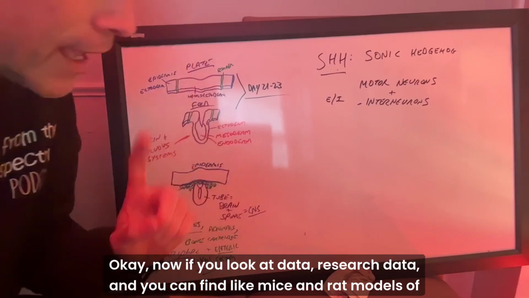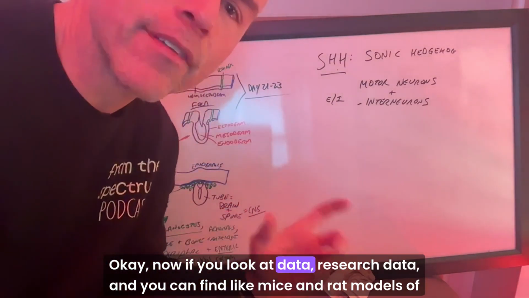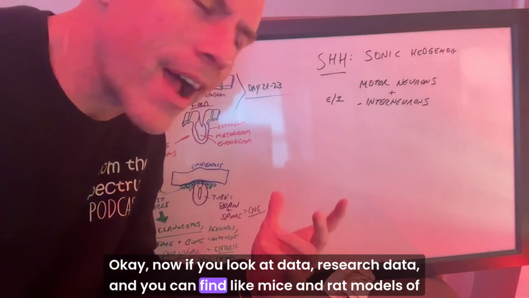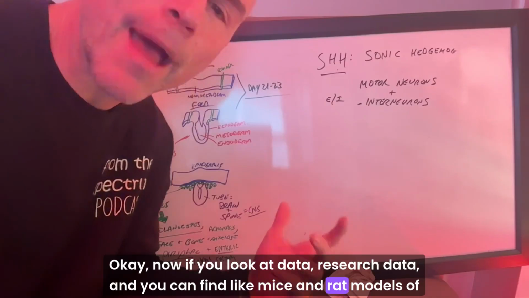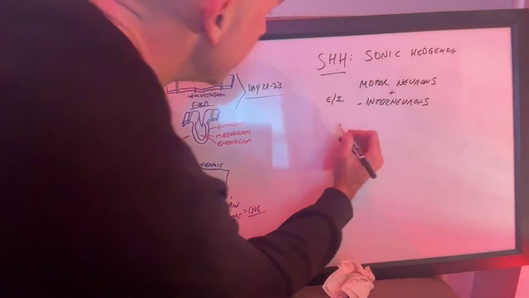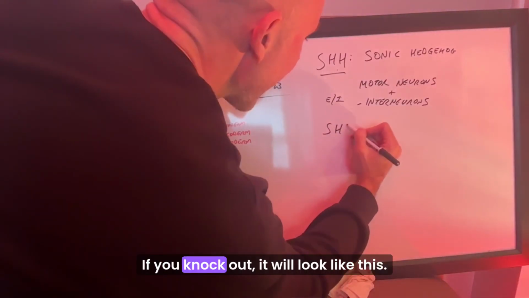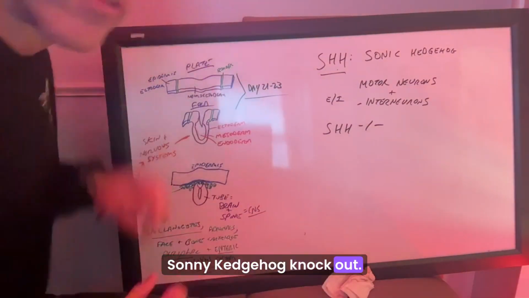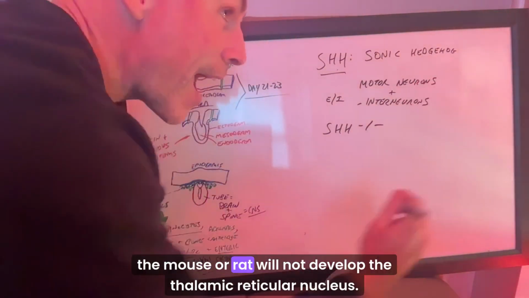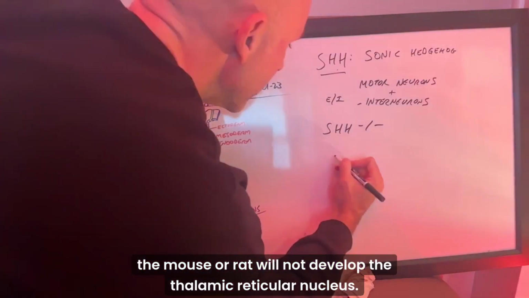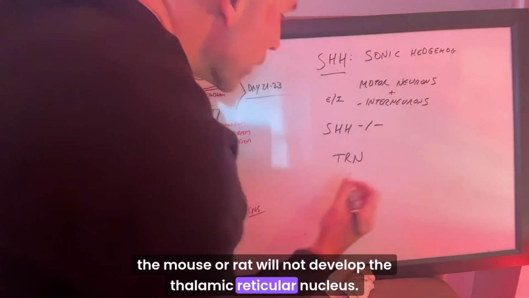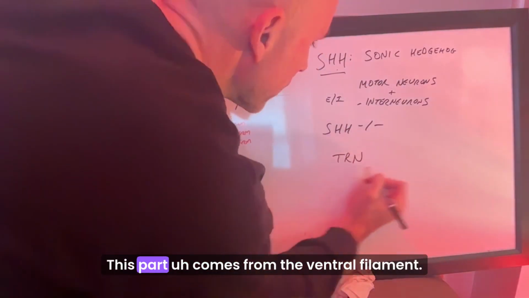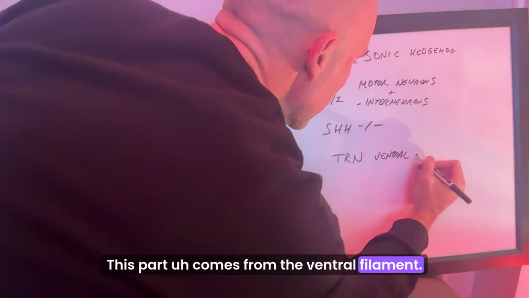Okay, now if you look at research data, you can find mice and rat models of autism. If you knock out Sonic Hedgehog, the mouse or rat will not develop the thalamic reticular nucleus. This part comes from the ventral thalamus.